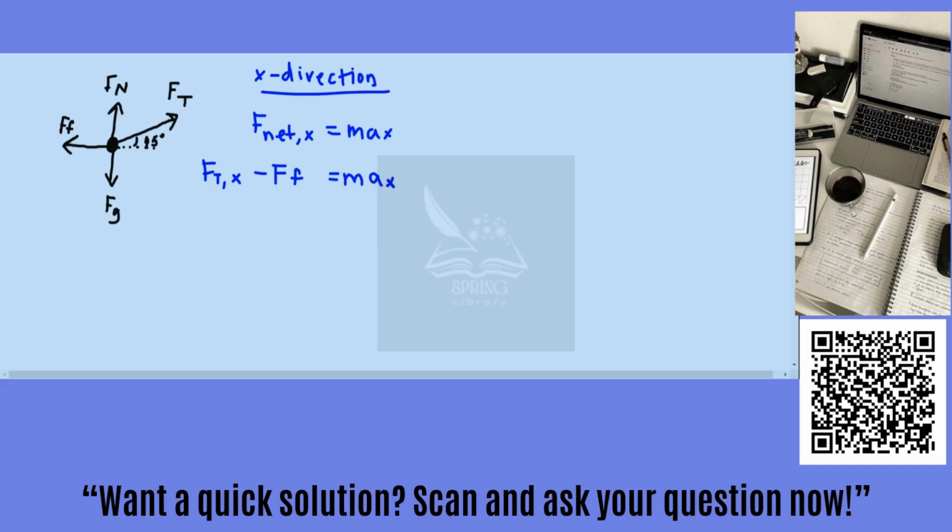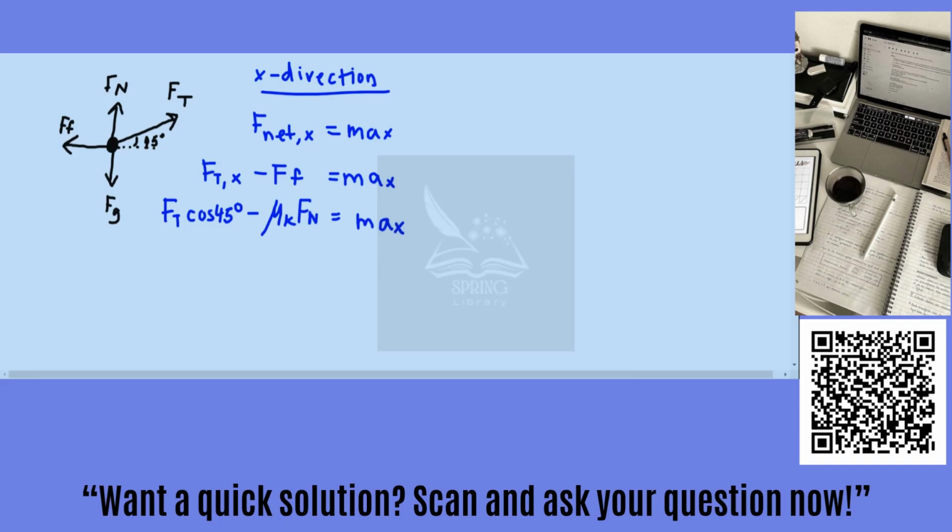And the x component of tension we can calculate using Ft cos 45 degrees. And that will be equal to, and then the friction force will be equal to the coefficient of kinetic friction times the normal force, and that's going to be equal to max.